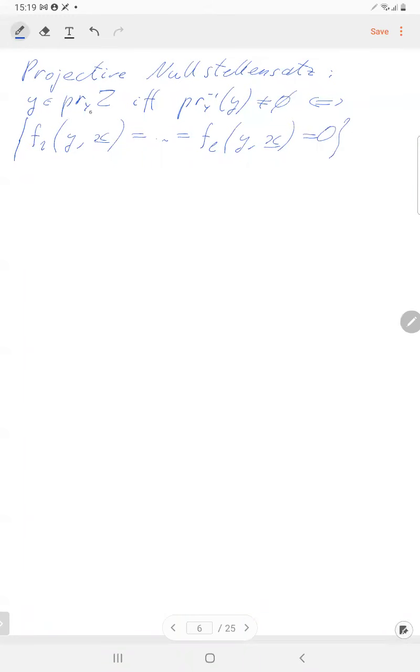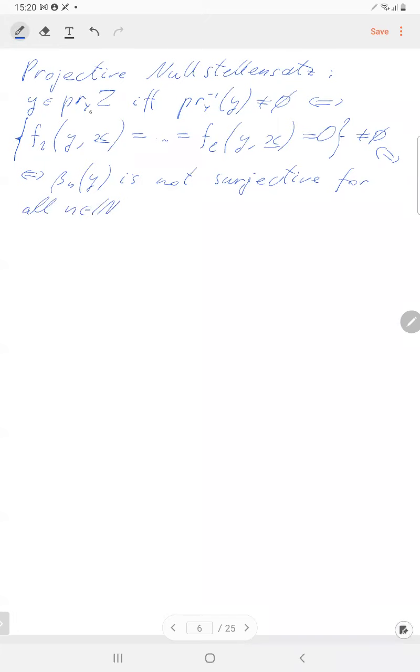This level set is not empty. Okay, but now by projective Nullstellensatz, finally, this is equivalent to the fact that beta n of y is not surjective for all positive integers.